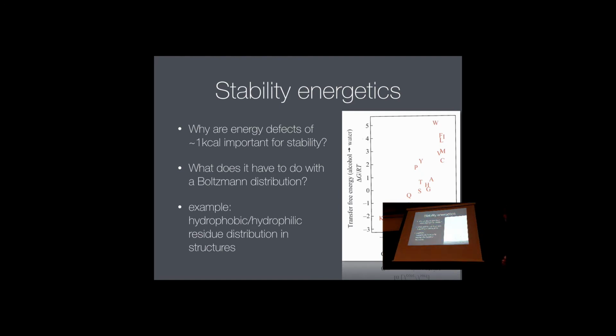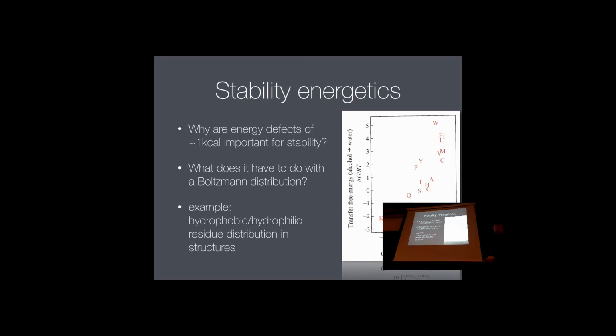Okay, so back to our stabilities now, and why the Boltzmann distribution will not work out. There's an interesting relationship between the transfer free energy from alcohol to water and the occurrence in proteins. This is on a log scale, how much residue is found in the core and on the surface.